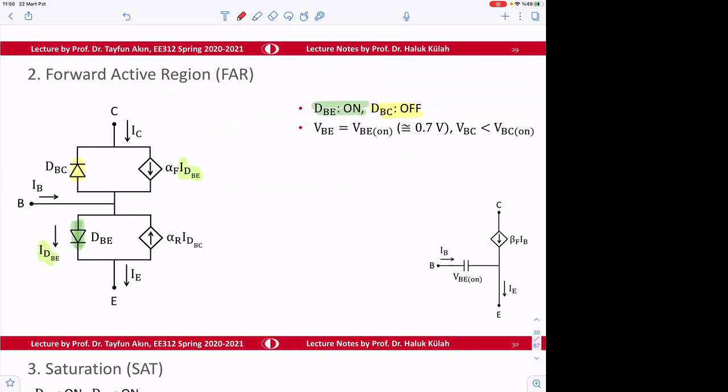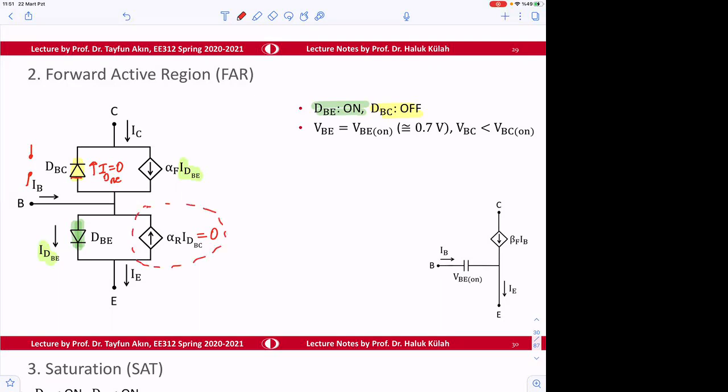Since this is off in the model, this one is going to be active, and therefore this current will be 0. And if IDBC is equal to 0, then this is going to be 0 also, so we can ignore this.